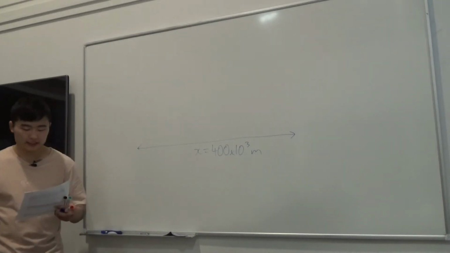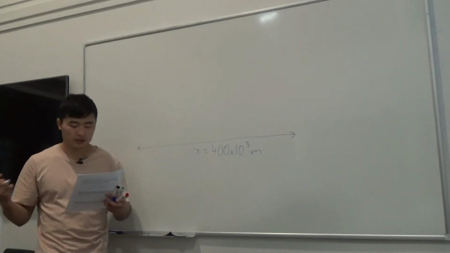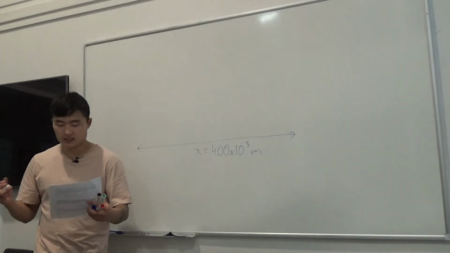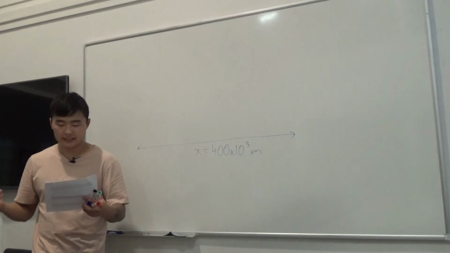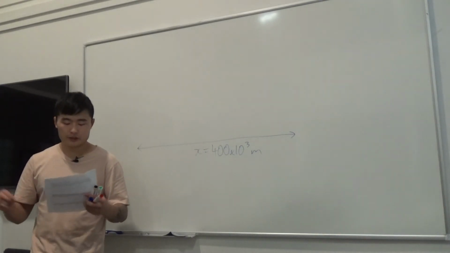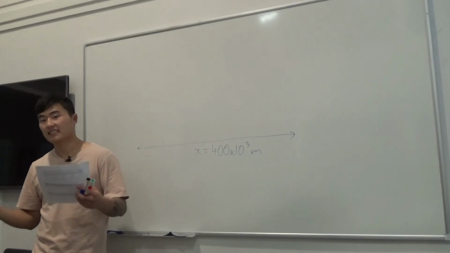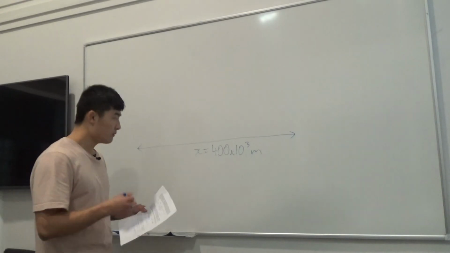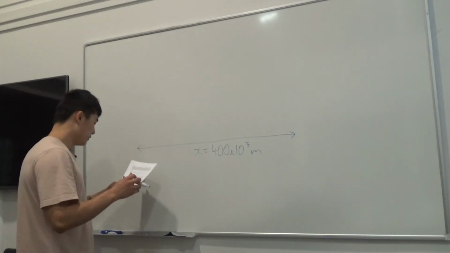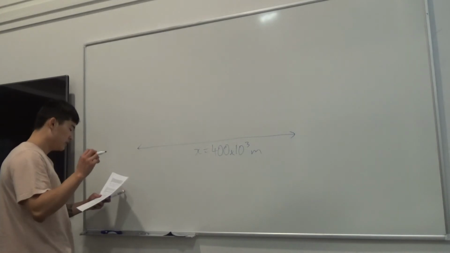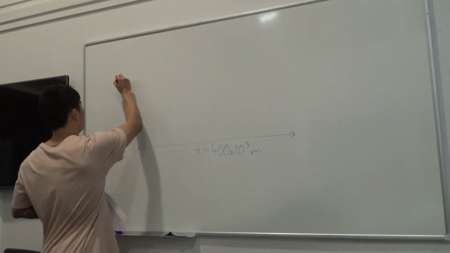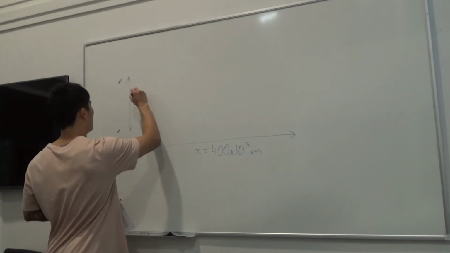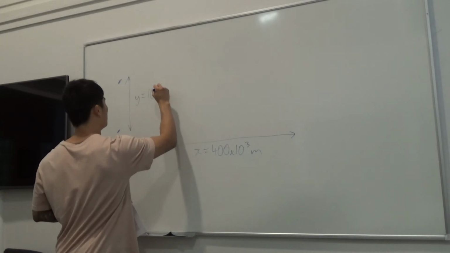If I saw this one at first, you might be like, not really sure which one to use because it doesn't mention anything about circular apertures. But if they talk about resolving lights, that's going to be the circular aperture equation. So the bright lights are on either side of the station, which is 109 meters wide. So here's your lights, and they're 109 meters apart, so y is equal to 109 meters.